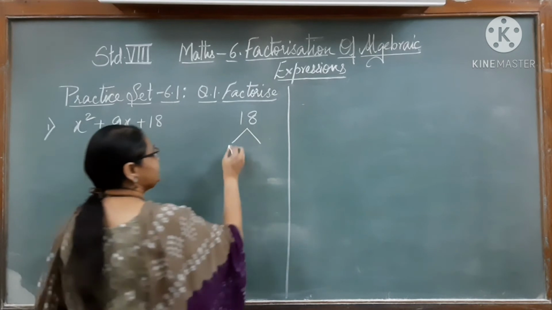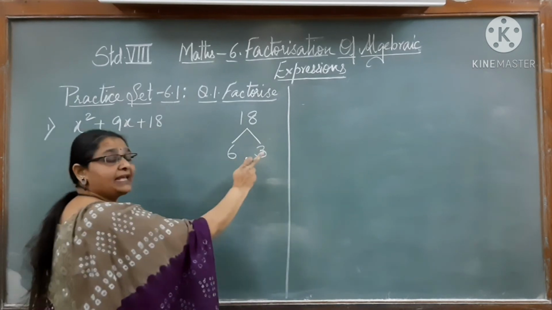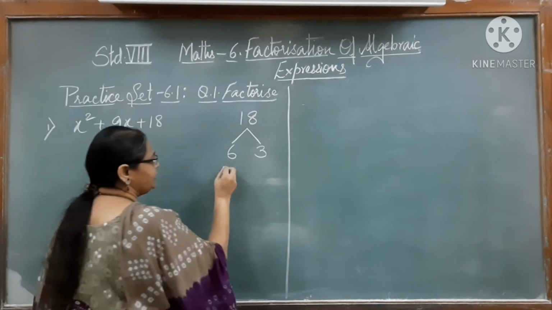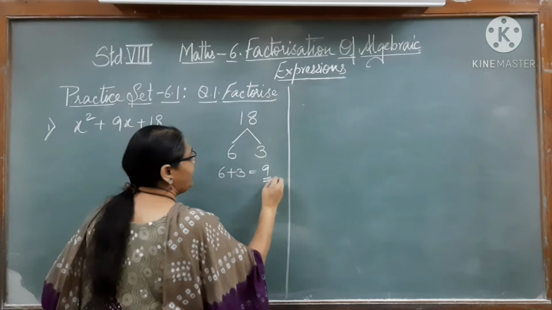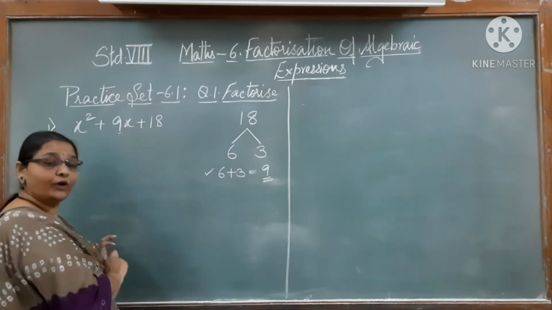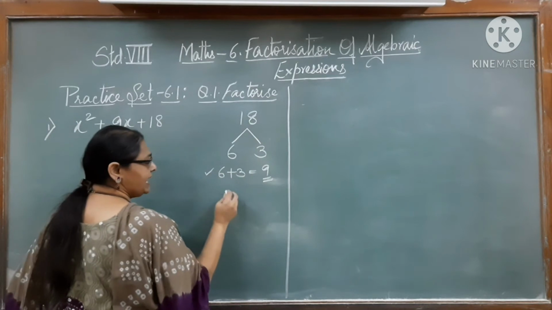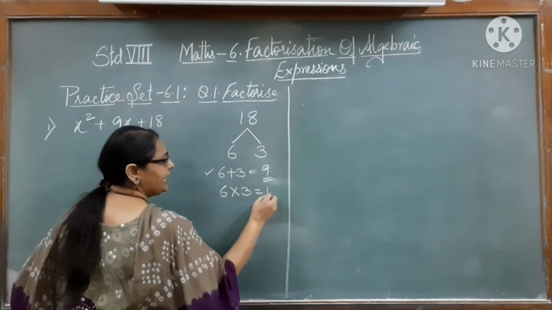One is 6, the other is 3. 3 plus 6 is 9. I know very well, 6 plus 3 is equal to 9. And so I get the middle term coefficient, as well as when I multiply, 6 threes are 18.